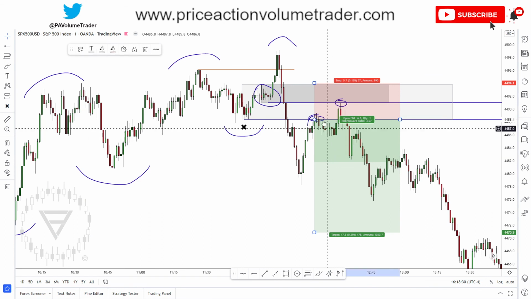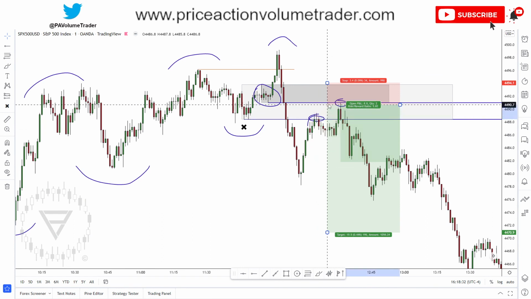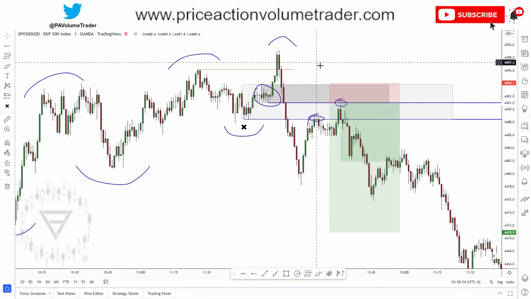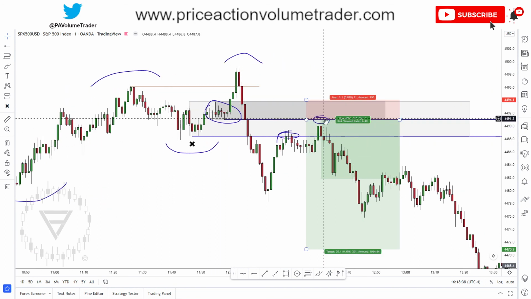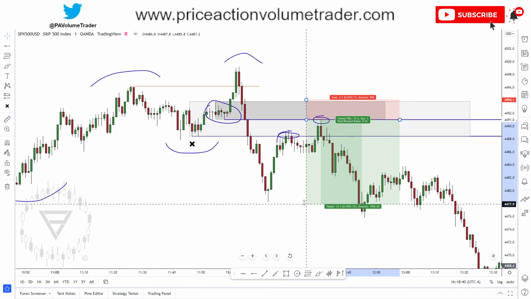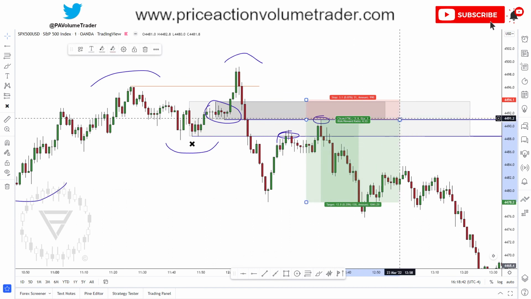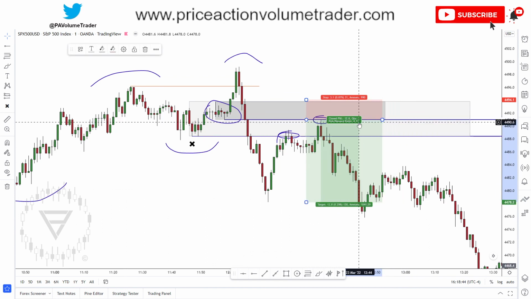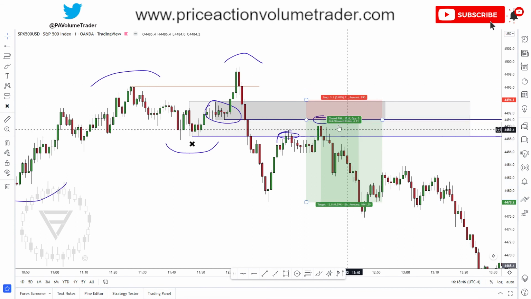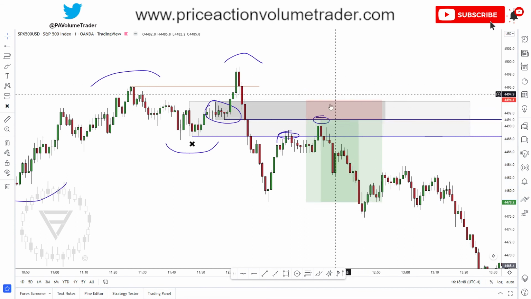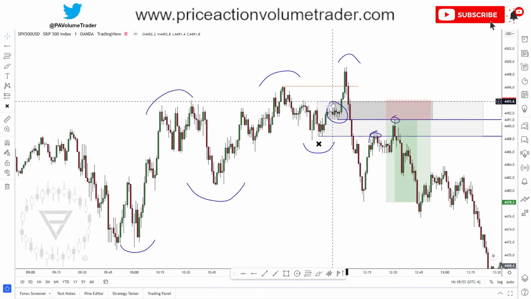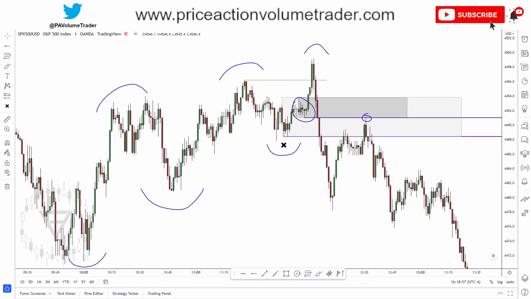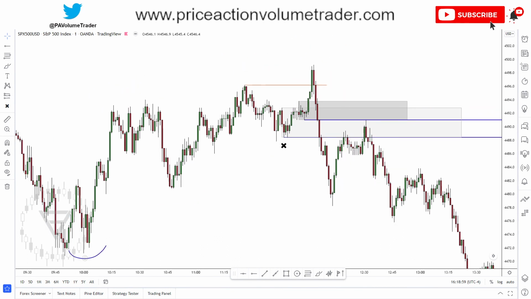Or if we would have taken the more refined method and just used this last cluster right here before the sweep and done like that, then you can see we would have had a very nice 4.13 R&R trade with a more refined level and a much tighter stop loss. Okay, so that's pretty much the summary of this pattern.